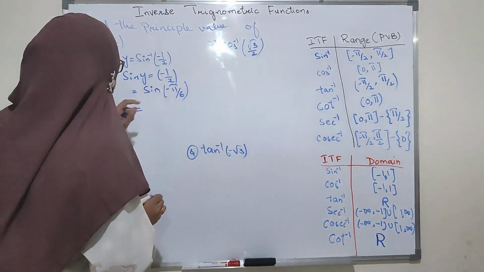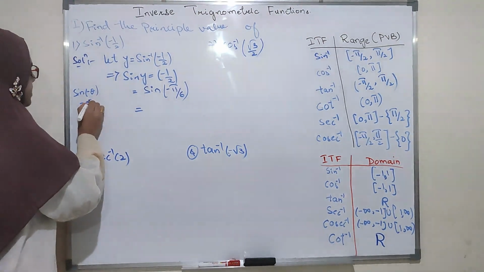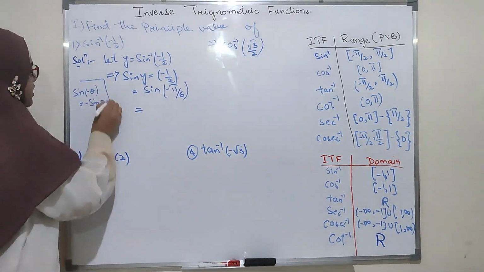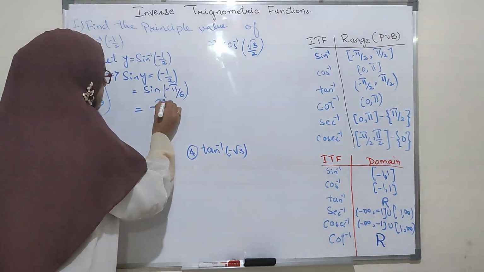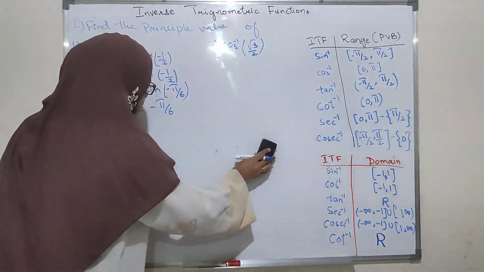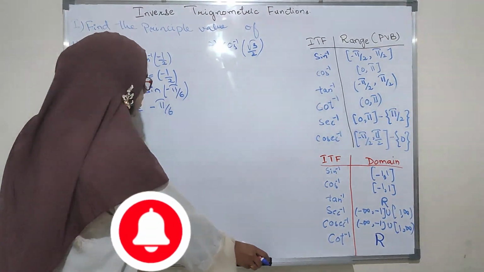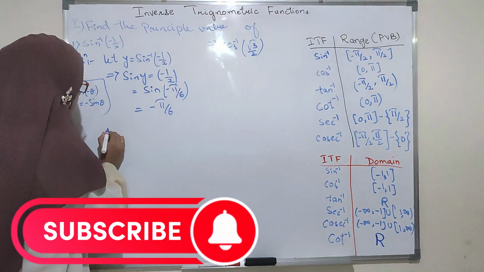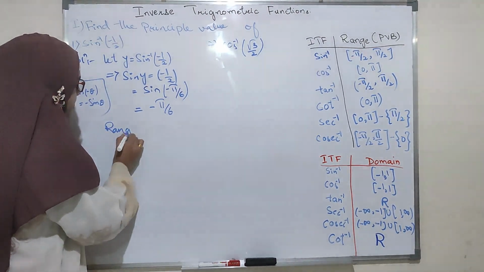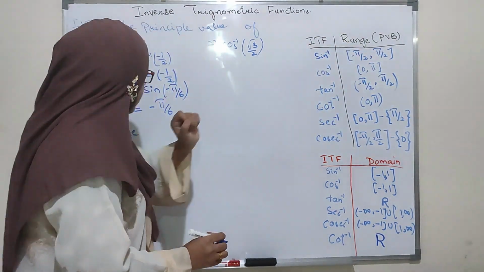So you know that sine of minus theta is minus sine theta. By using this, I am writing minus pi by 6. Now see here, we know that the principal value branch of sine is the closed interval minus pi by 2 to plus pi by 2.